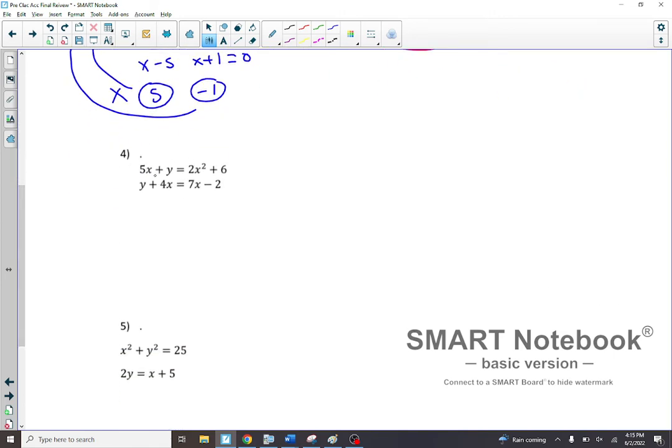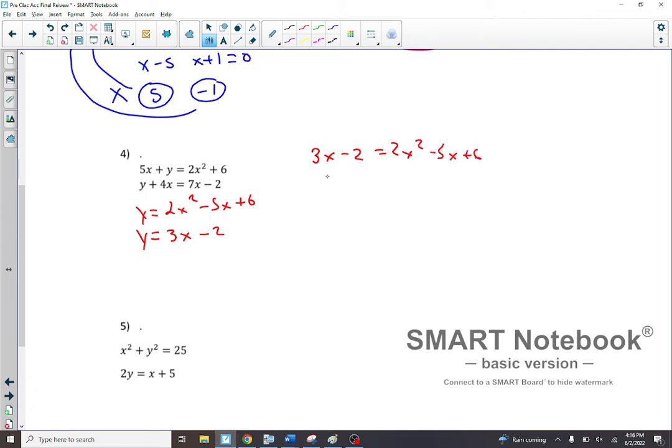For this one, again, let's rewrite it so y's are by themselves. So y equals 2x squared minus 5x plus 6. And over here, y equals 3x minus 2. All right, set them equal to each other. 3x minus 2 equals 2x squared minus 5x plus 6.